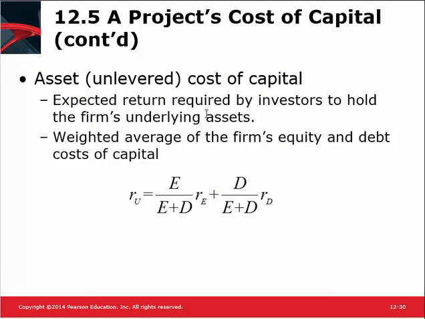So what do we do when we start thinking about debt? The R sub U here is the weighted average cost of capital for the company. Here we have the weight of equity multiplied by the cost of equity, plus the weight of debt times the cost of debt. That's going to give us this R sub U, or the cost of financing for this company.